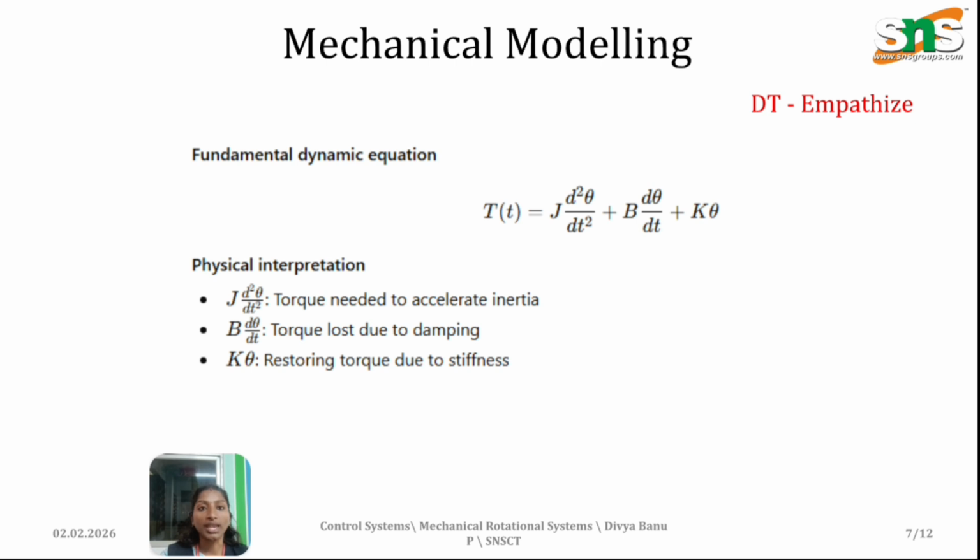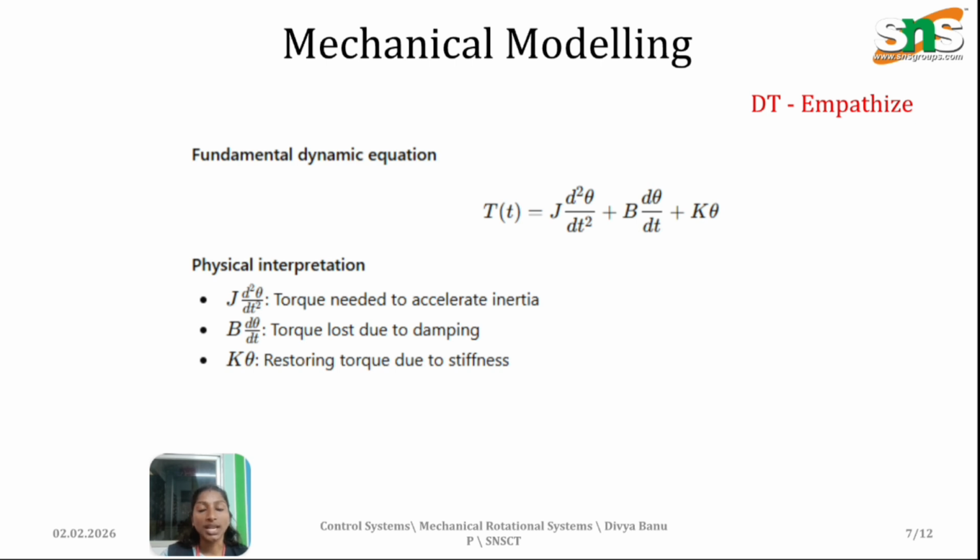Coming to mechanical modeling, the fundamental dynamic equation is T(t) is equal to J into d square theta by dt square, since we have acceleration and inertia, plus B into d theta by dt, which is velocity, plus K theta, which is displacement.